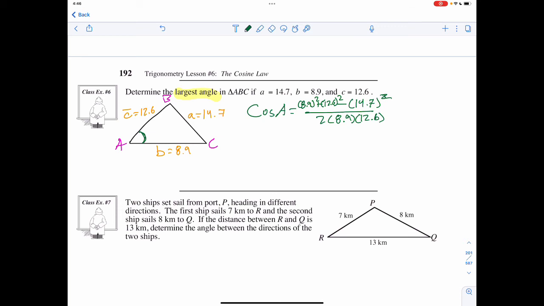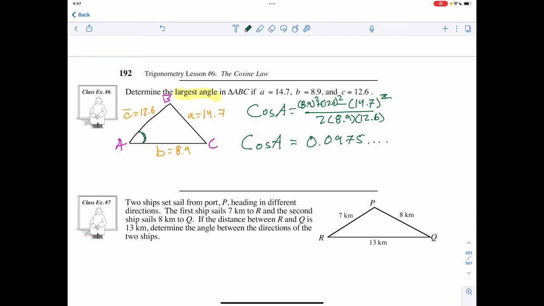And then from there, I can simplify this and get approximately 0.0975. But logically speaking, that's not what my angle is.